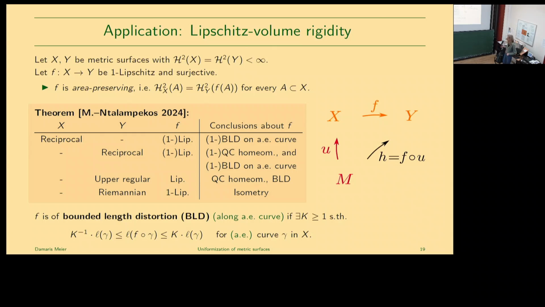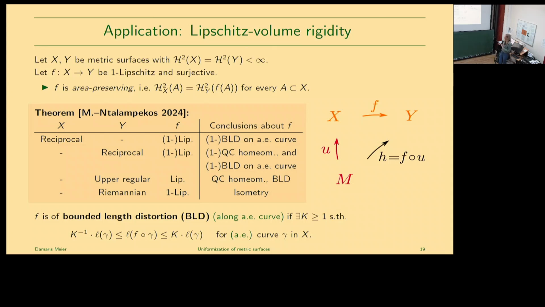Now this upper regular here means upper Ahlfors 2-regular. So we just have that the Hausdorff 2-measure of a ball of radius r is bounded by some constant times r squared. This is used so that, given a curve which might not satisfy the estimate, we can find a nearby curve which does, and then show that the estimate holds for every curve, and not only almost every curve.